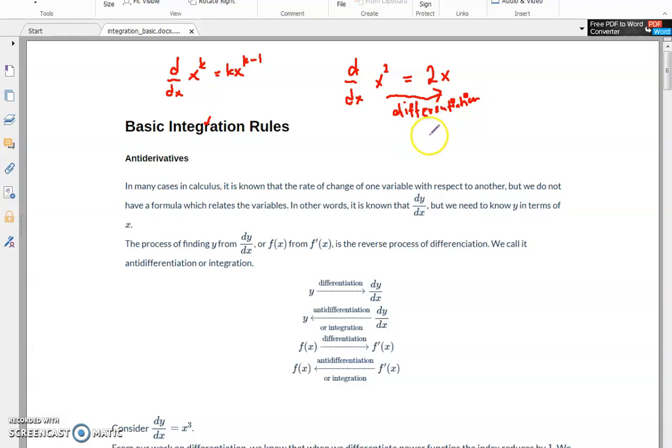If we reverse the process from 2x to x to the power of 2, we call it integration, or antiderivative.